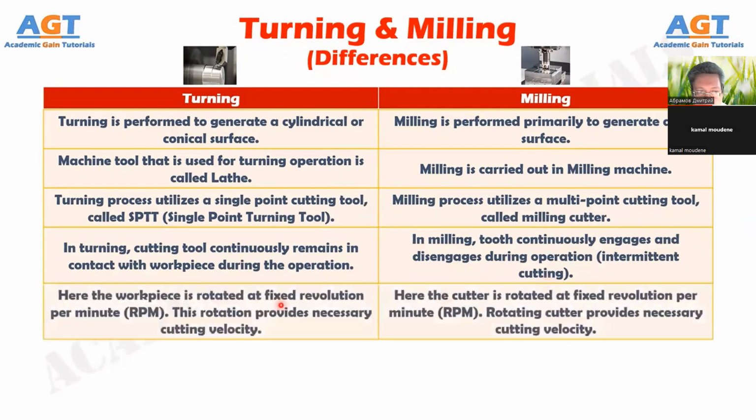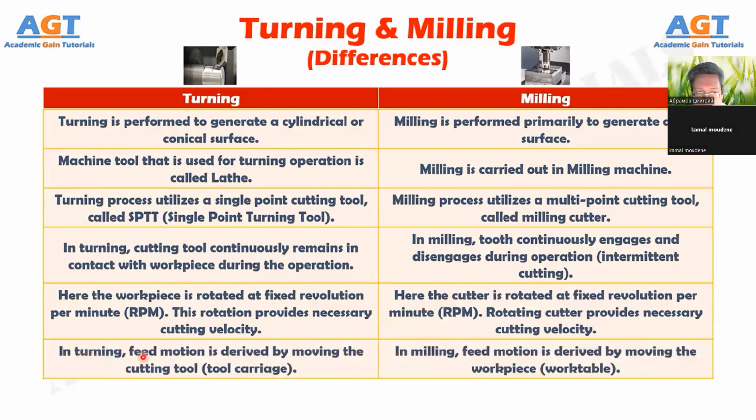Number 5. In turning, the workpiece is rotated at fixed revolutions per minute. This rotation provides necessary cutting velocity, whereas, in milling, the cutter is rotated at fixed revolutions per minute. Rotating cutter provides necessary cutting velocity. Number 6.